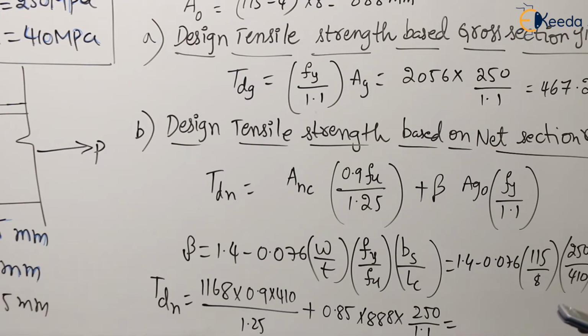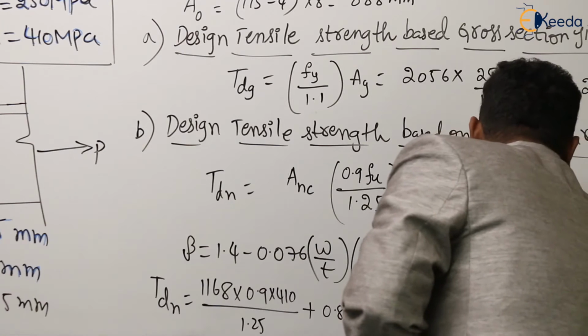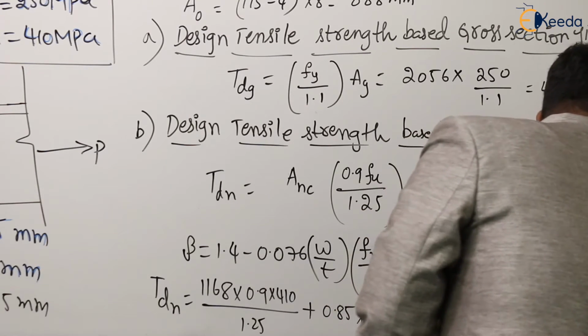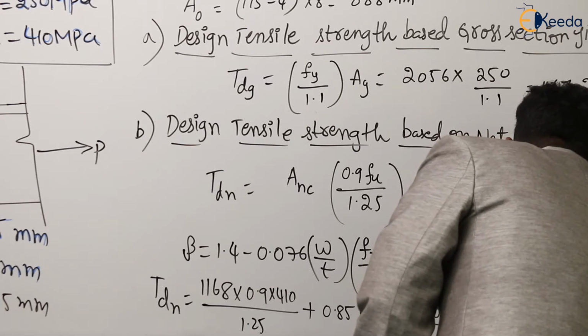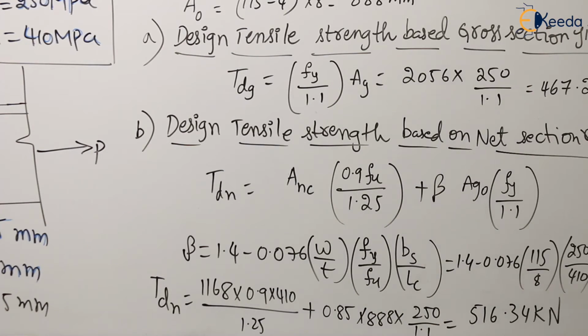So it is 1168 into 0.9 into 410 divided by 1.25 plus that beta 0.85 into 888 into 250 by 1.1. So it is 516.34 kilonewton.